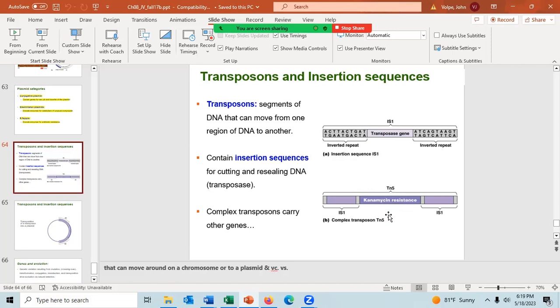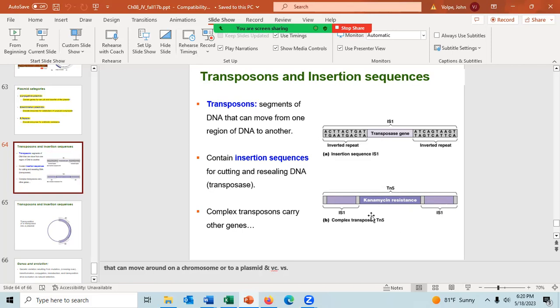You'll note there's a kanamycin resistance gene there, and then it has a transposon over here and a transposon over there, and that's usually how we see complex transposons, meaning they don't just have the inverted repeat and then the transposase gene. They actually have the inverted repeat there, the transposase gene there, and then the inverted repeat, and then a complete replica over here.